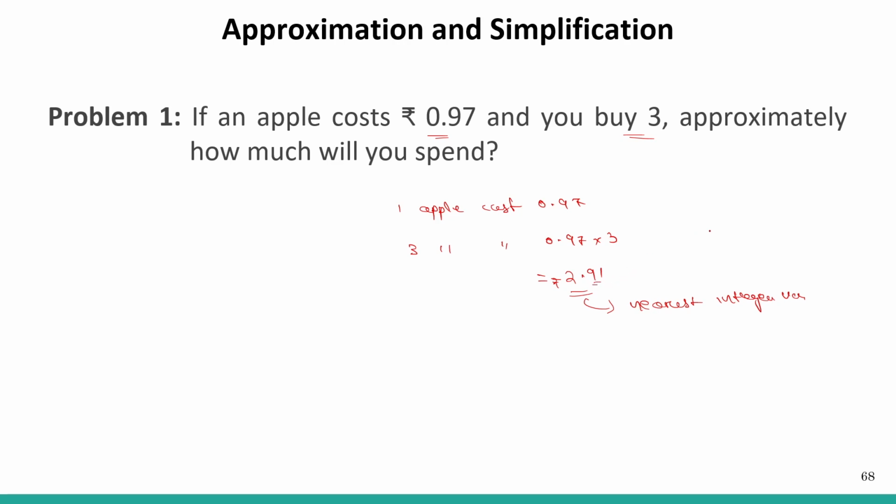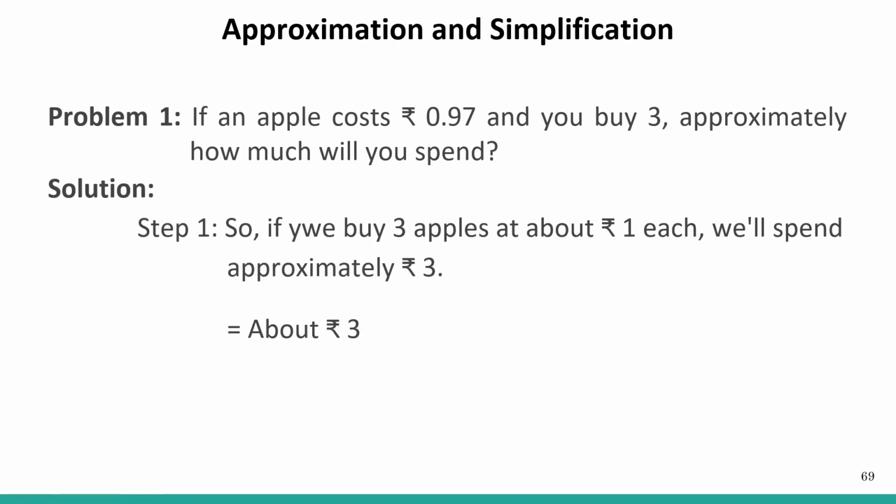Is 9 greater than 5 or less than 5? Since 9 is greater than 5, we have to add 1 to the integer value, so it will be approximately equal to 3.00. So I'll be approximately spending 3 rupees. If we buy 3 apples at about 1 rupee each, then we'll spend approximately 3 rupees.